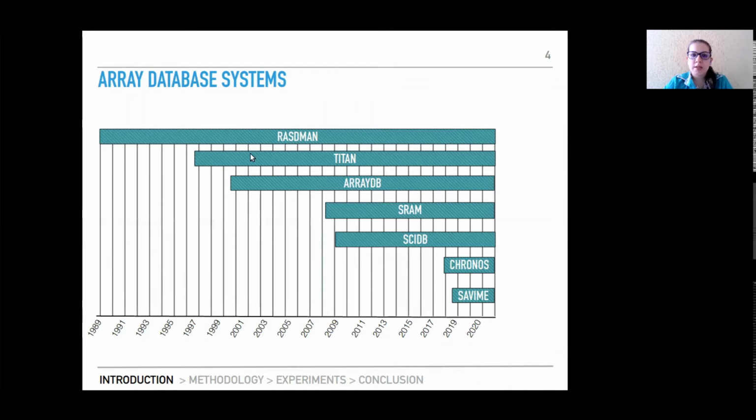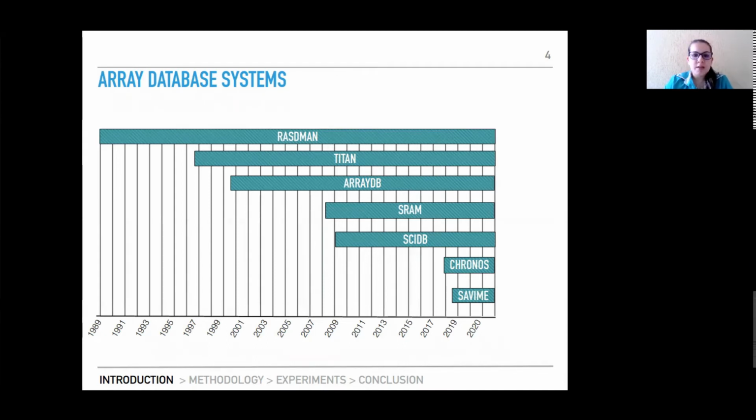It started with Rasdaman in 1989, then Tiledb in 1996, then ArrayDB in 2000, followed by SciQL in 2008, then SciDB in 2009, the most cited array database in the literature, and the most recent, Kronos in 2018 and Savime in 2019.